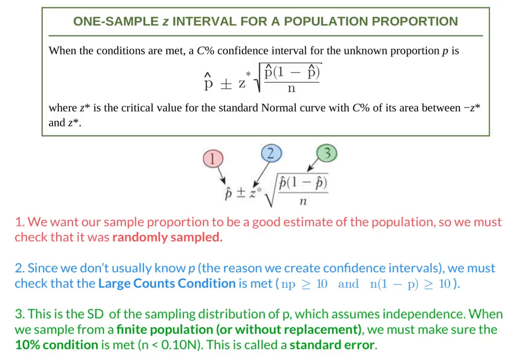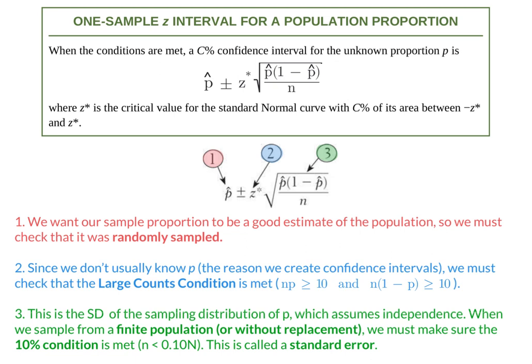So we take the idea of that equation and we call it, in fancier terms, a one sample z interval for a population proportion, which is represented by this equation here, which is essentially what we just talked about in the last slide, but with variables instead of just words.